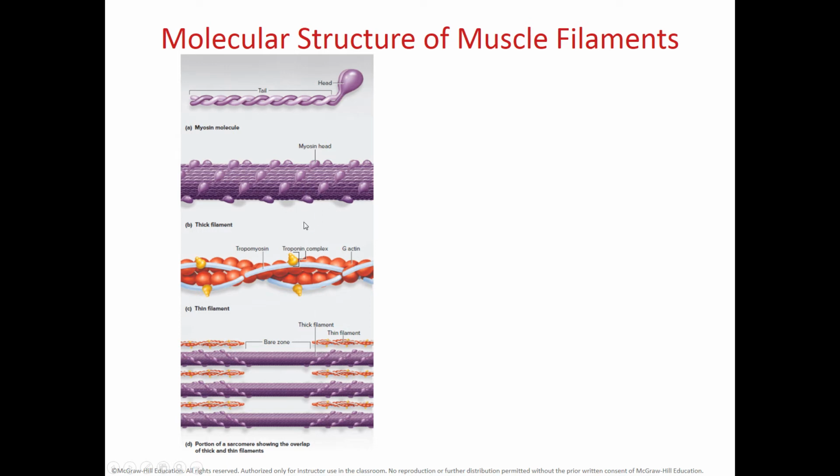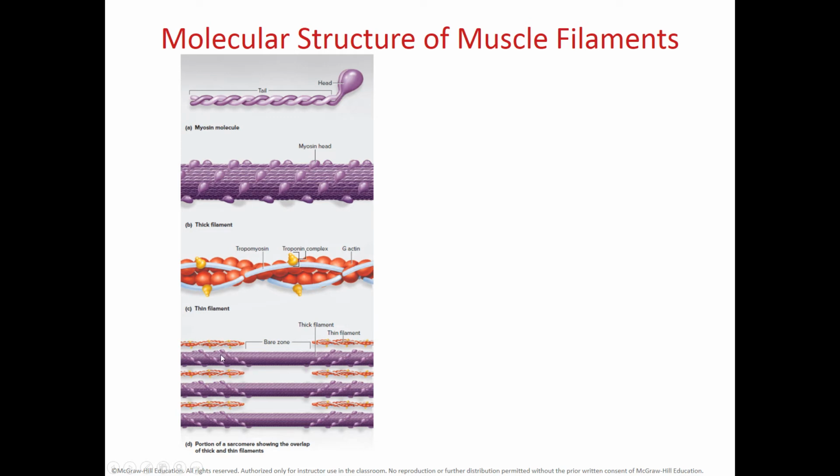And then when you have these two together, the thin filaments and the thick filaments, you end up with a structure like this, in which there is an area of this thick filament, the one in purple, that is called the bare zone. The bare zone doesn't have any heads, so you cannot have connection of actin in the bare zone, because the part of the thick filaments that connects to the actin will be the heads, the ones that you see here outside of the bare zone.